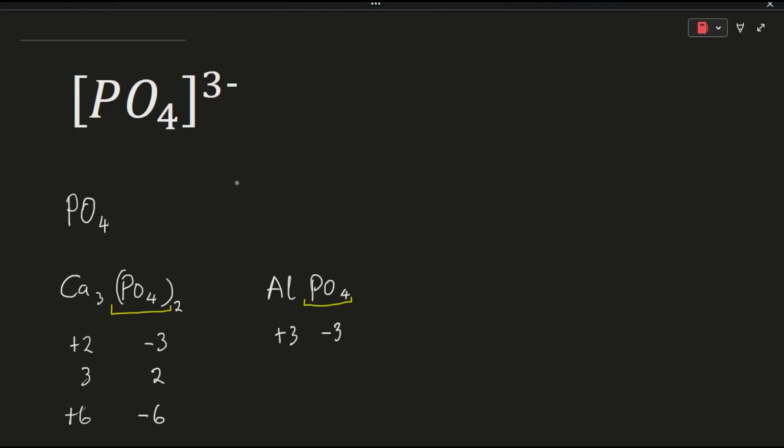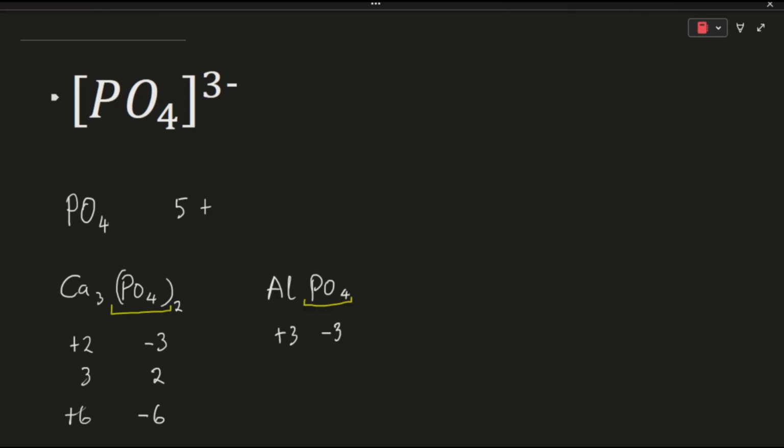Now, to do that would require knowing the total number of valence shell electrons that both phosphorus and oxygen provide binding together. Now, phosphorus is in group 15 or group 5A and has 5 valence shell electrons. So phosphorus provides 5 valence shell electrons. Now, oxygen is in group 16 or group 6A on the periodic table and has 6 valence shell electrons.